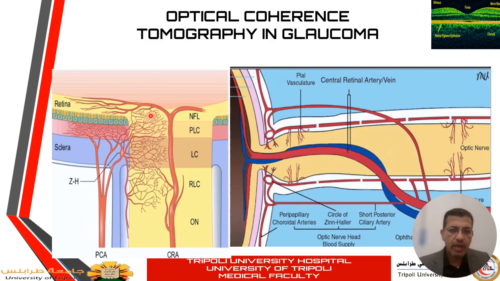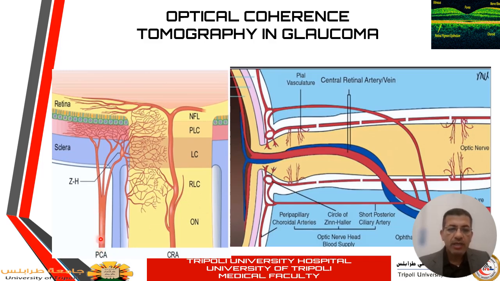As we said, we have four parts of the optic disc: the surface nerve fiber layer, the prelaminar layer at the level of the choroid, the laminar part at the level of the lamina cribrosa, and the retrolaminar part. Now, the central retinal artery supplies the first part, the surface nerve fiber layer, and the last part, which is the retrolaminar part.